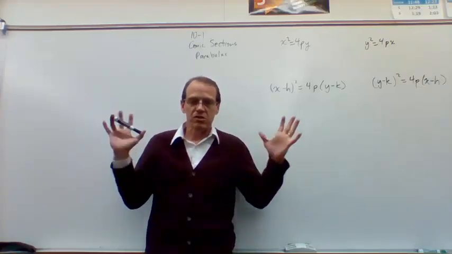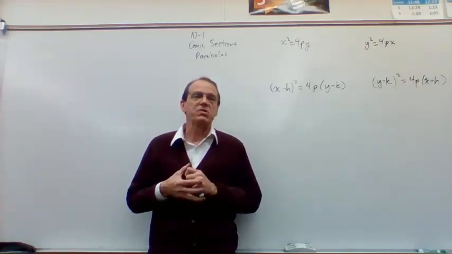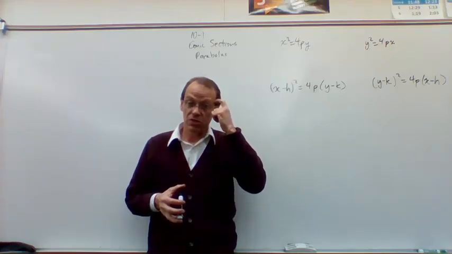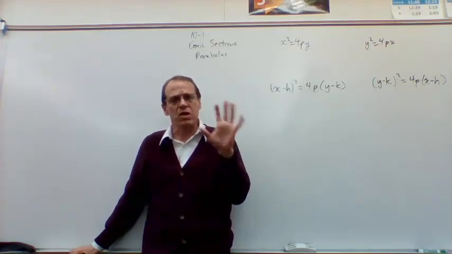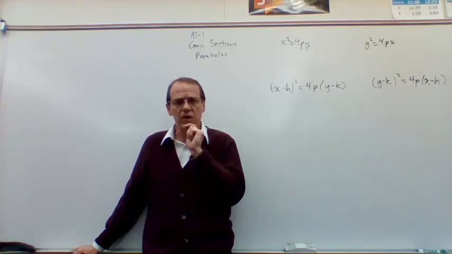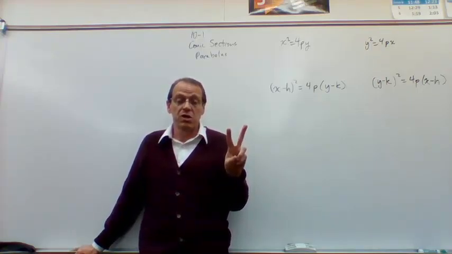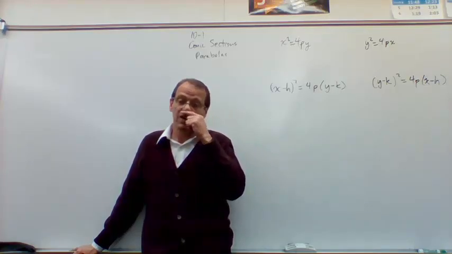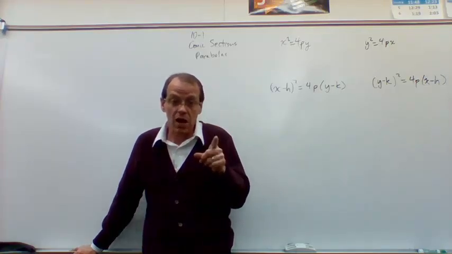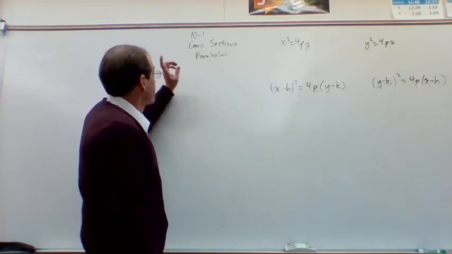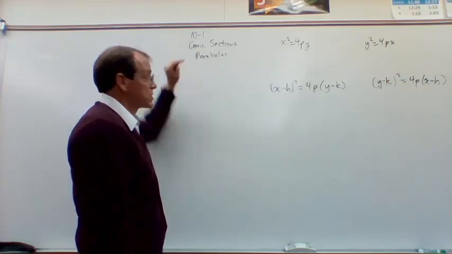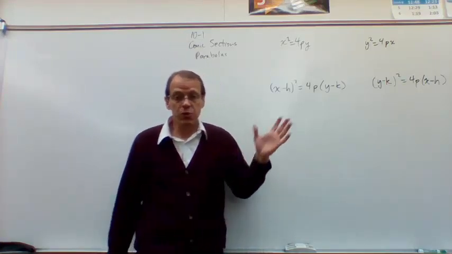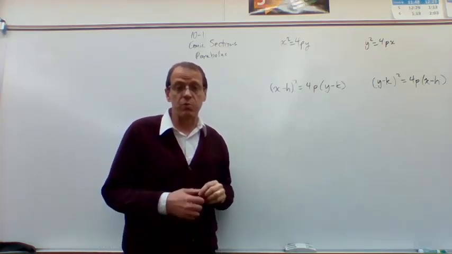So, pre-calculus students, we are now in Chapter 10, and we started with circles because I wanted you to have some experience completing the square with two variables. We're going to be doing that pretty much this entire unit, so you have to get used to that. Now we're going to talk about conic sections in 10.1, which is about parabolas. There are four basic forms of the equation for a parabola.